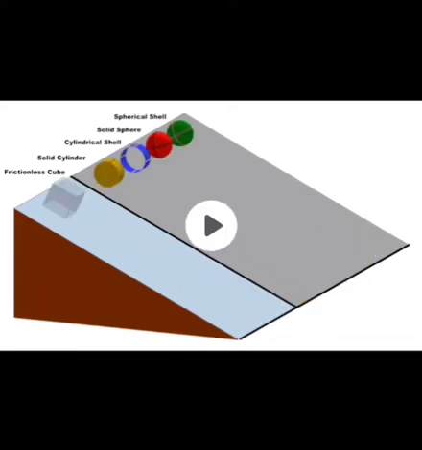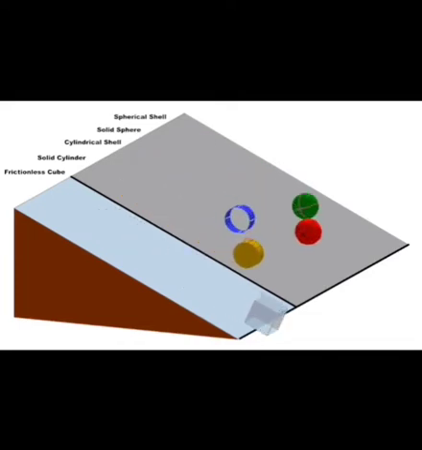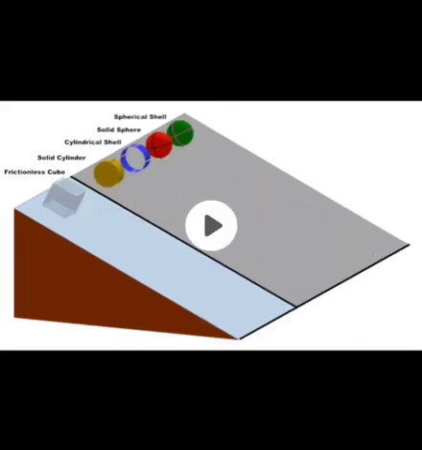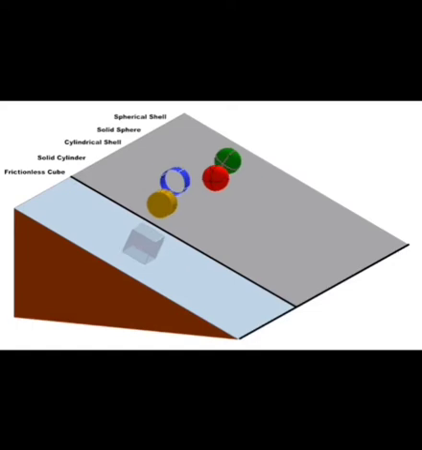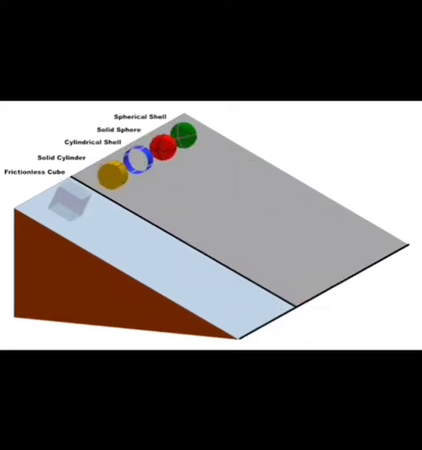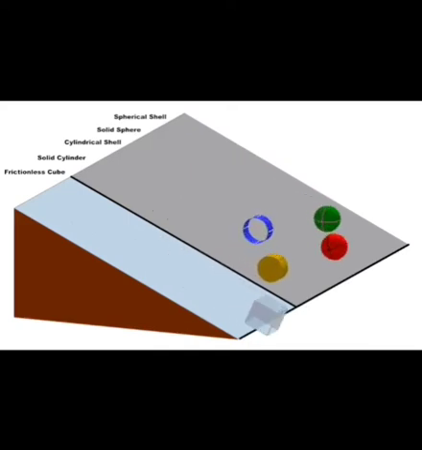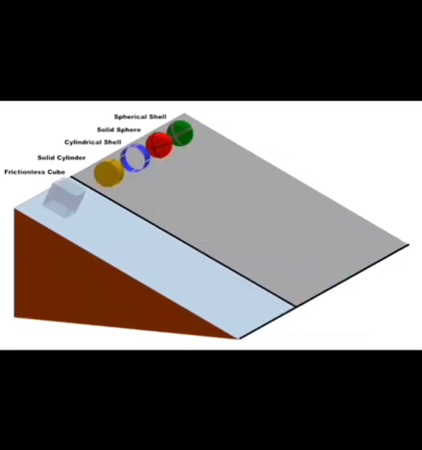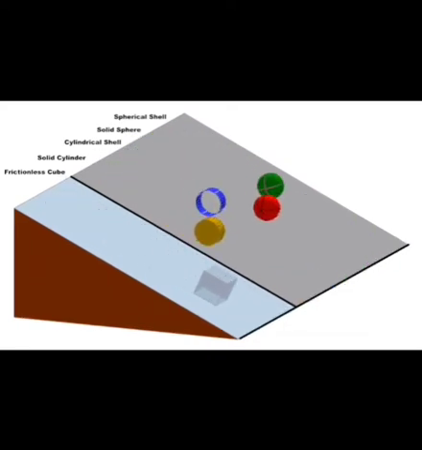So they roll. What we have studied up till now is that the objects which have a flat surface like the cube slide, and those objects which have a round surface like the cylinder, the sphere, the shell, they roll.